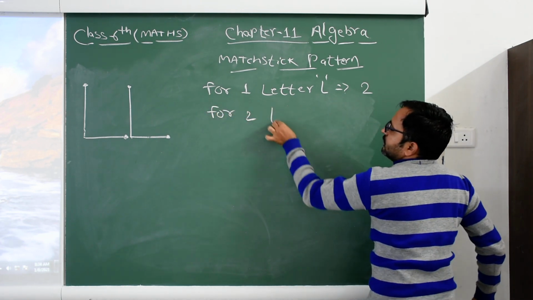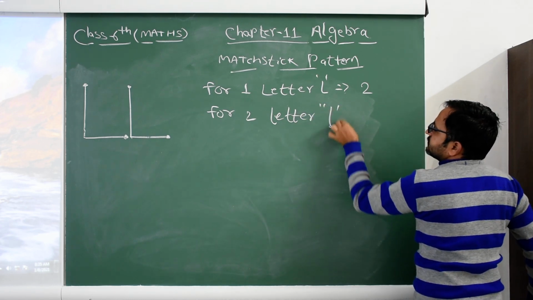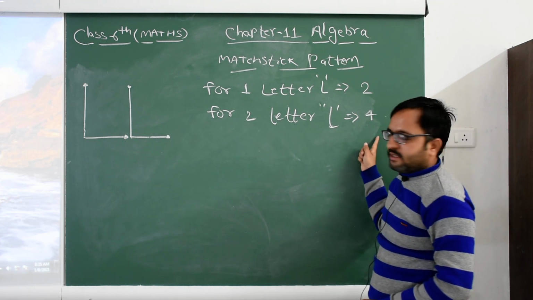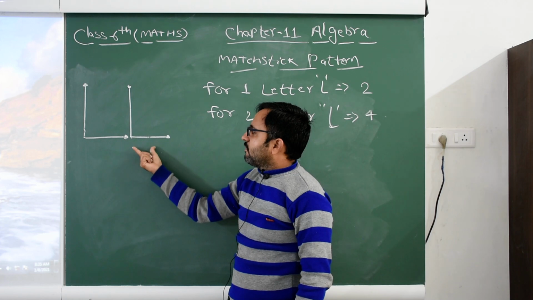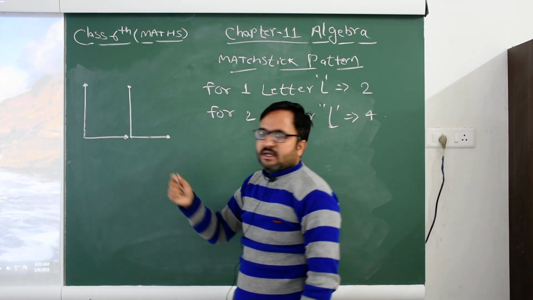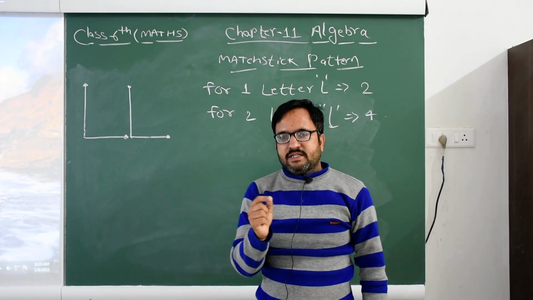For 2 letter L we use 4 matchsticks. So for the first letter we use 2 matchsticks. That means every letter L uses 2 matchsticks.